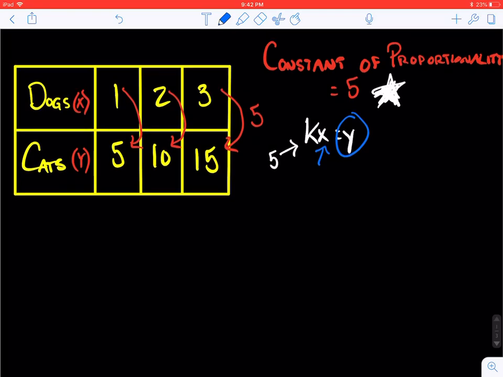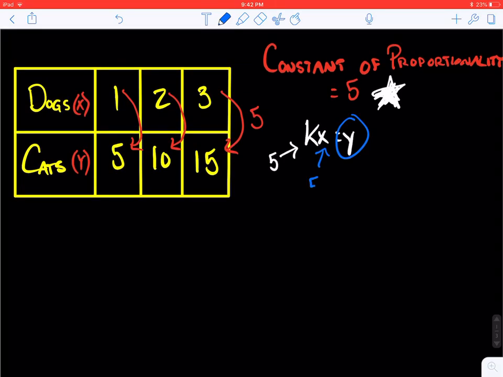Okay? So if I were to write this out, our equation would be 5x equals y. All right, I'll give you a second if you want to write this down. I'll wait. Go ahead and pause if you need to.